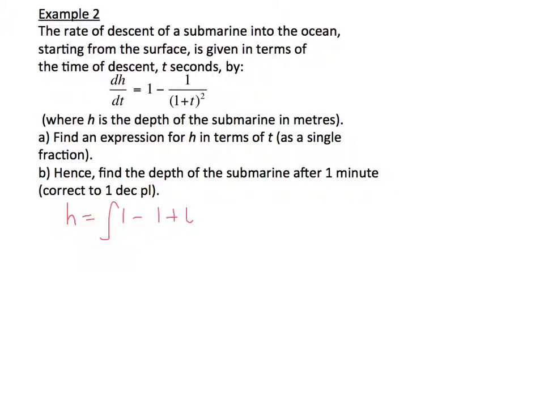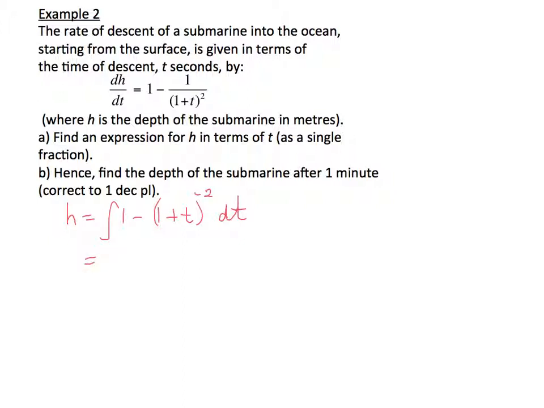It's going to be easier to integrate 1 over (1 plus t) squared if we change it to (1 plus t) all to the power of negative 2. So we're integrating both sides with respect to t. When you integrate the left-hand side, you're just left with h. When you integrate the right-hand side, you're left with this expression here. So let's integrate that with respect to t.